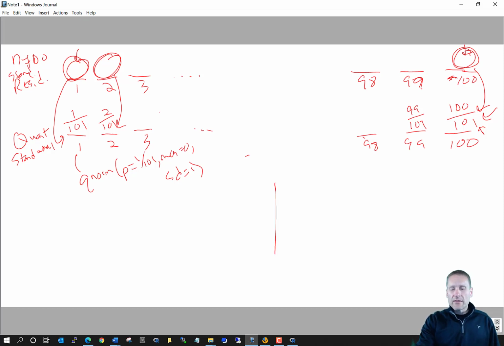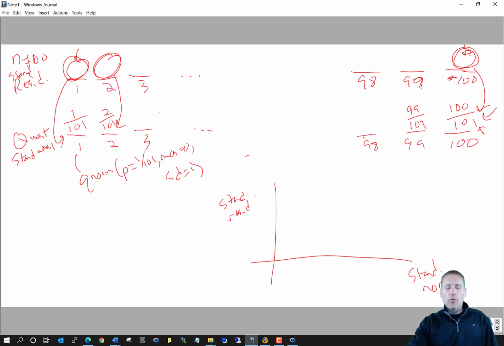So what that means is, if I were to plot the standard normal quantiles on the x-axis and the standardized residuals on the y-axis, what I would expect is, let me actually draw this. We'll put -3, -2, -1, 0, +1, +2, and I'm running out of room here, +3. Sorry, it's not the best drawing.